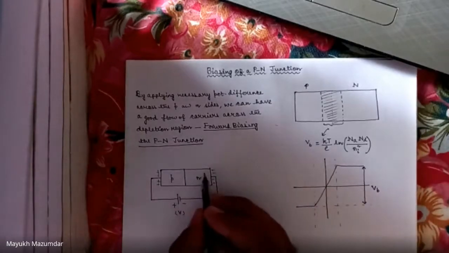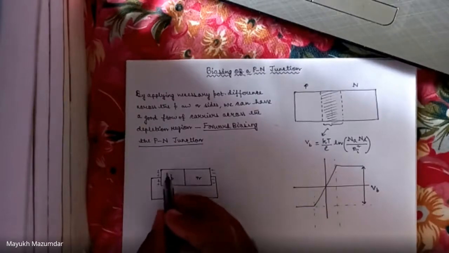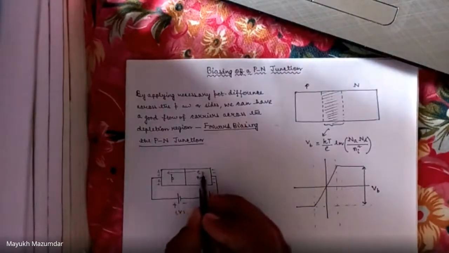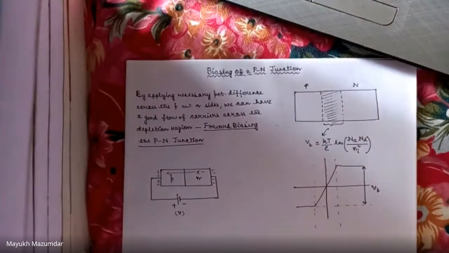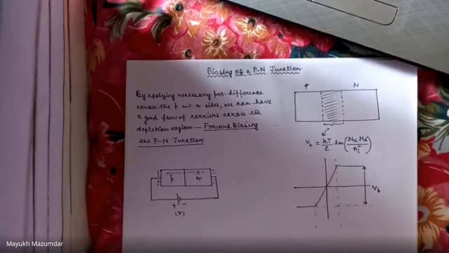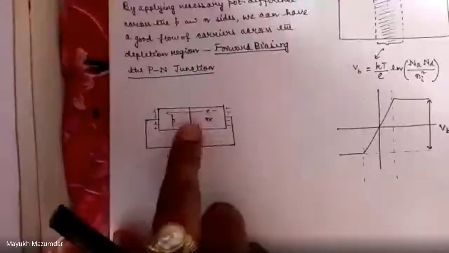Because now the majority carriers on the N side, the electrons, would be attracted towards the positive terminal. If you give some external energy or voltage from outside, then your charge carriers can penetrate the depletion region.